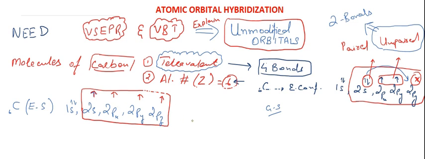Now the carbon can make four bonds, but there is still one problem. We know that the four bonds of carbon are equivalent, that is, they are all equivalent in energy. And how can this happen if one of the electrons is from the s orbital, which is spherical in shape, and one is from px, one from py, and one from pz?